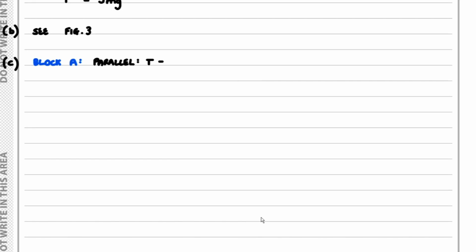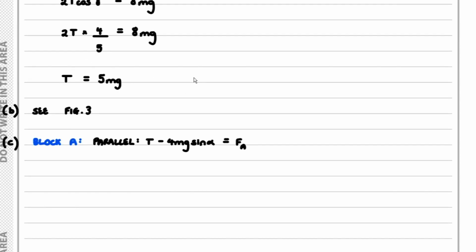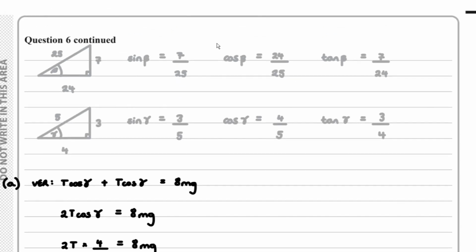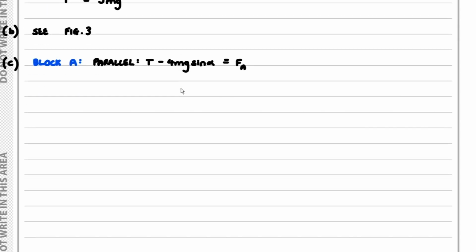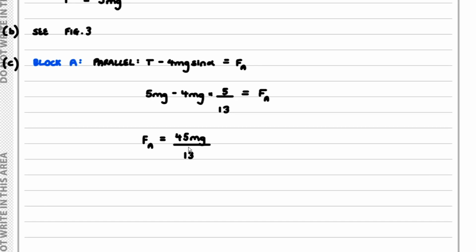So we've got T subtract 4mg sine alpha, which is equal to Fa. And we know what sine alpha is, that's given by 5 over 13. So we've got 5mg take away 4mg times 5 over 13 equals Fa. So Fa will equal 45mg over 13.